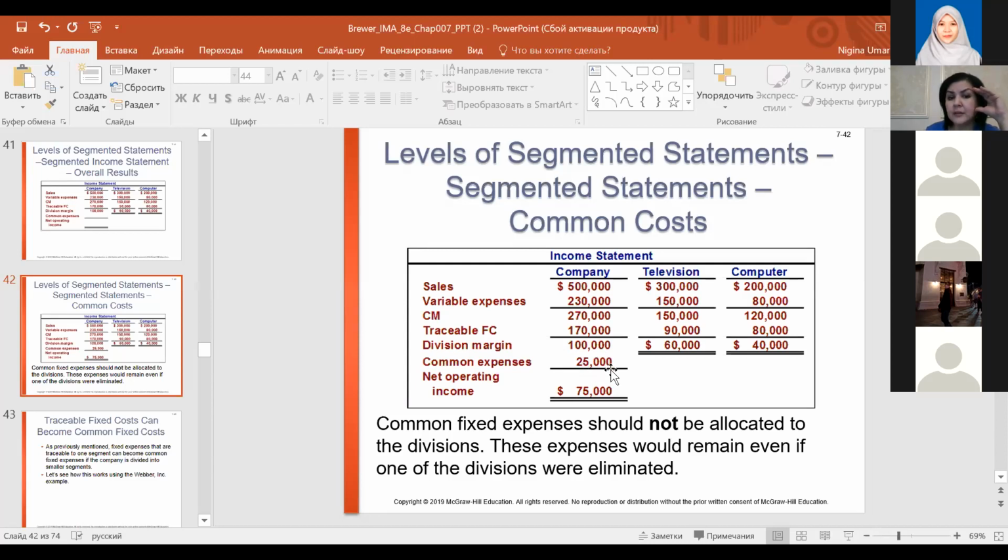And what is it? Total net operating income? It's 75,000. And as you see, common fixed expenses should not be allocated to the division. These expenses would remain even if one of the divisions were eliminated.